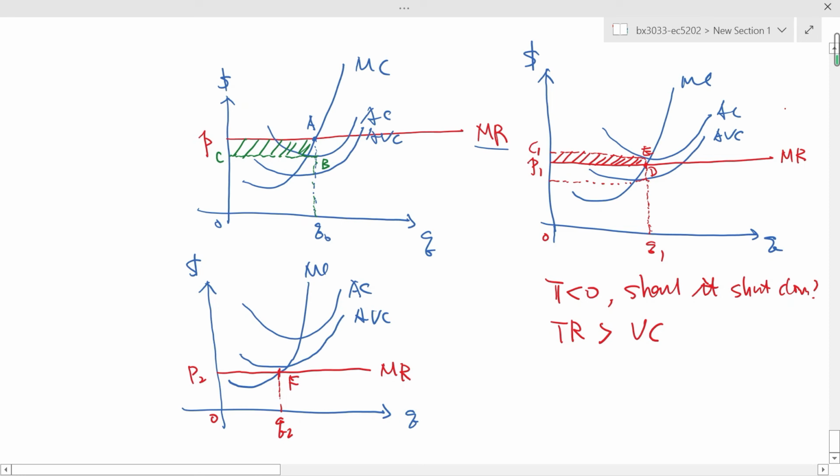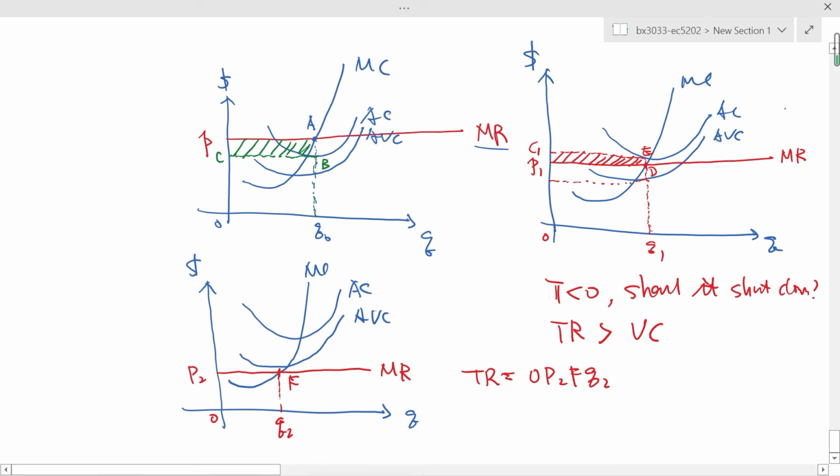And total revenue here is equal to the rectangle of OP2FQ2. Okay, and clearly this firm is making economic loss, negative profit.